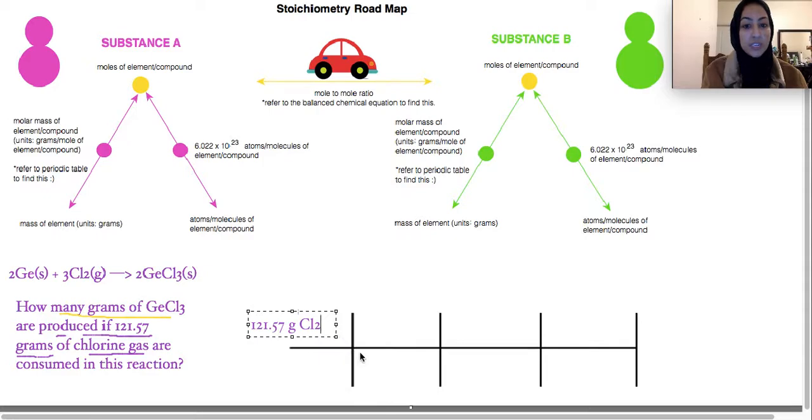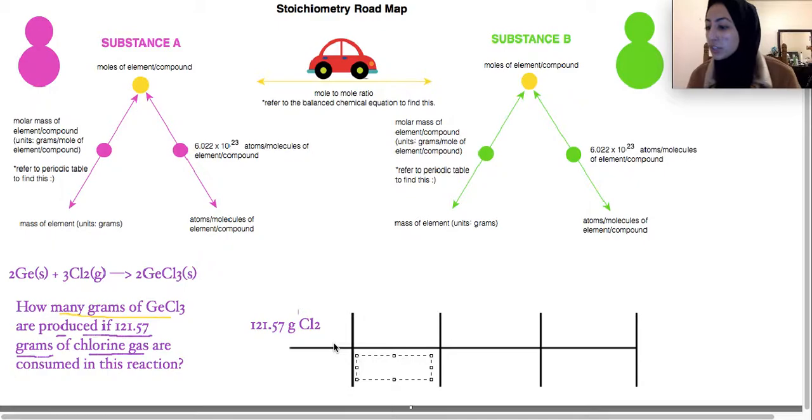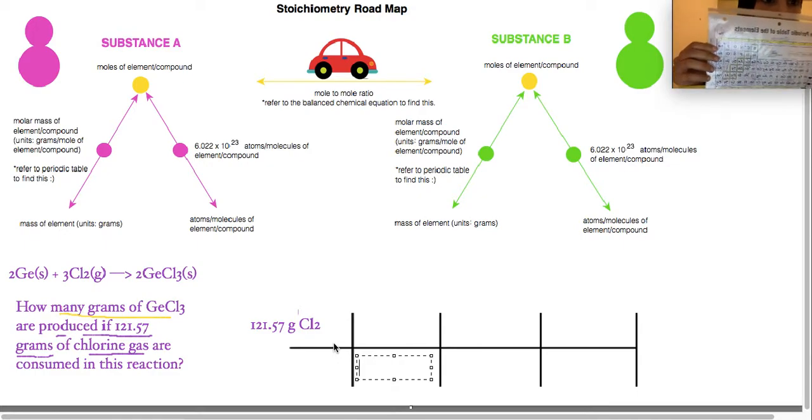So I'm going to move diagonally. I'm going to keep my same units, right? Why? Well, because I want to have my units cross out. Always, always, always. We always want our units to cross out. So 1 mole of chlorine is 35.45 grams, and I get that from my periodic table.